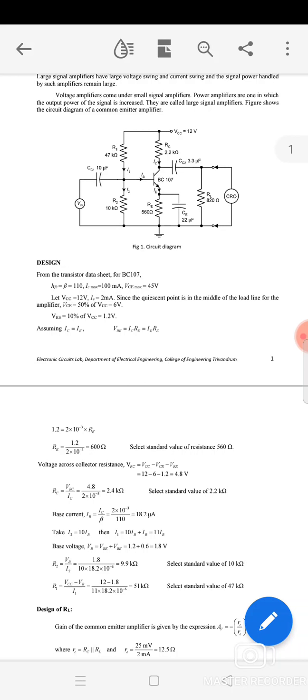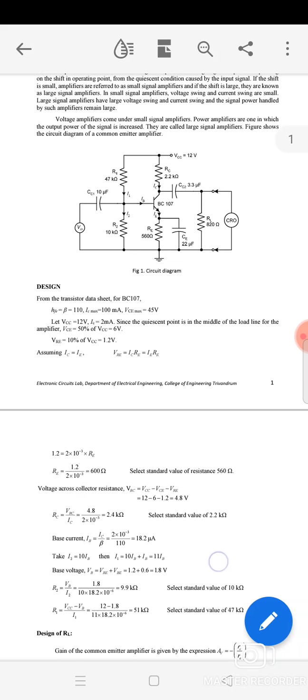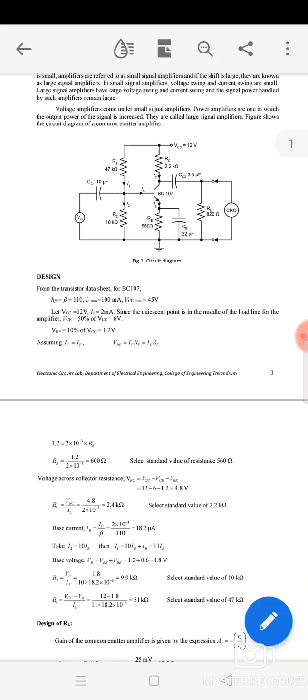So in this amplifier circuit, all the component ranges are standard ranges. You will get a good output response with these components only, right? If you change these components in the amplifier circuit, the output response will change and you will not get this response.